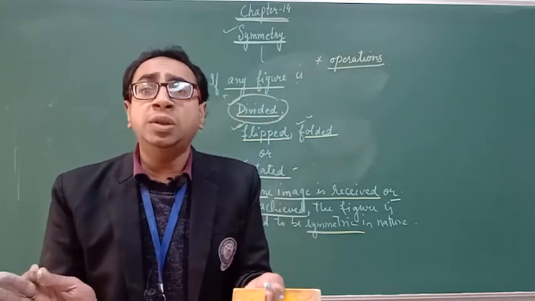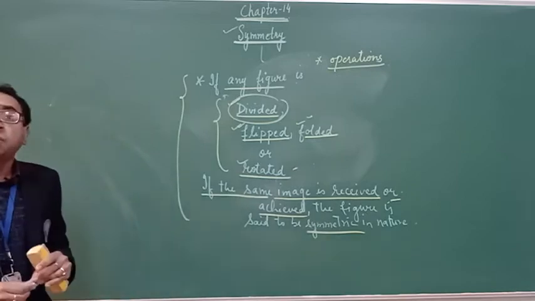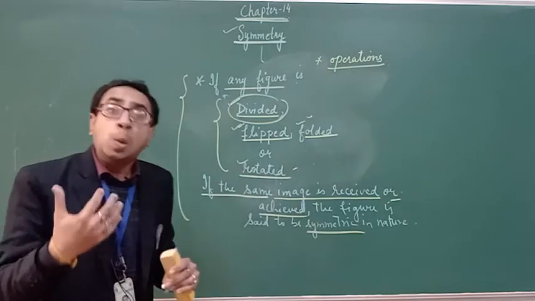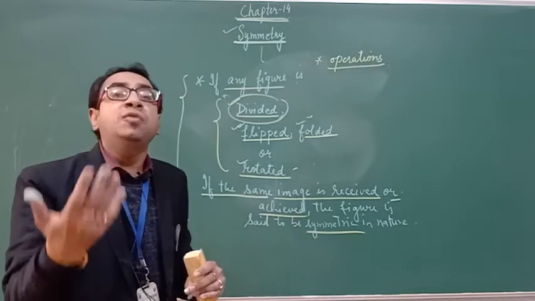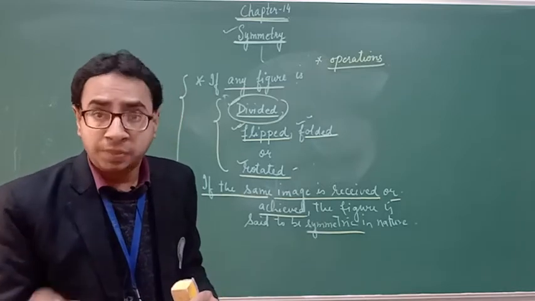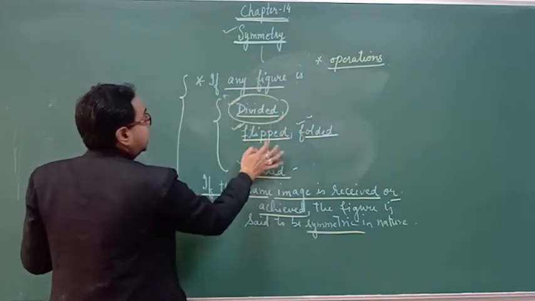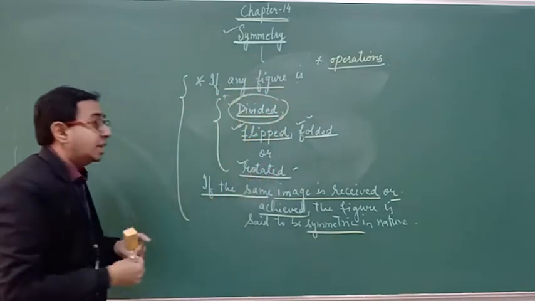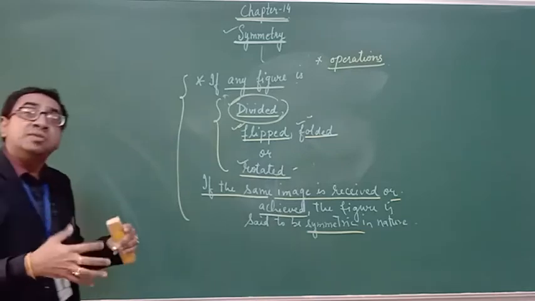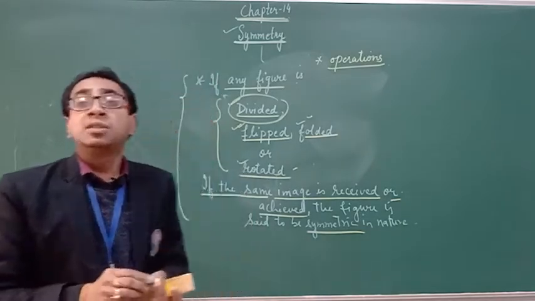These are the operations that we can do on a figure, by which we can mold the figure, we can distort the figure, we can sort the figure. Are we clear? So basically symmetry, if any figure is divided, flipped or folded or rotated, and we receive the same image on doing such operation, then the figure is said to be symmetric in nature.